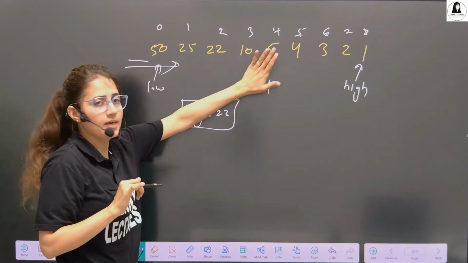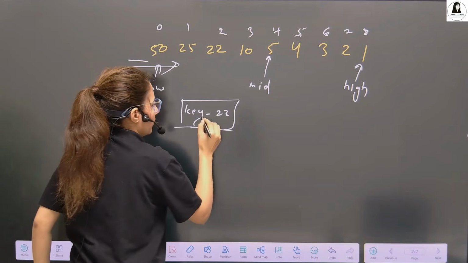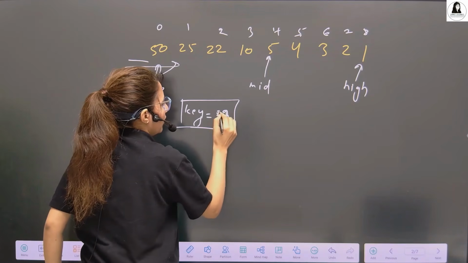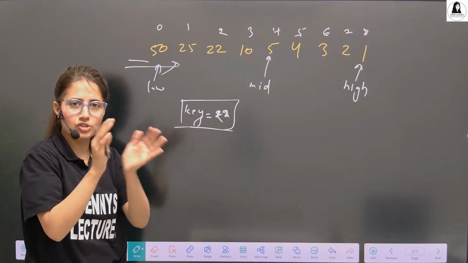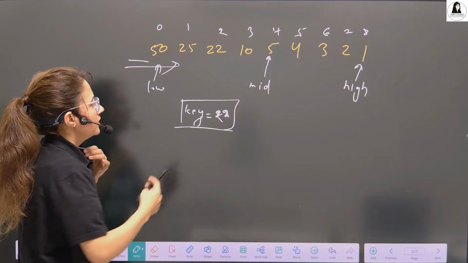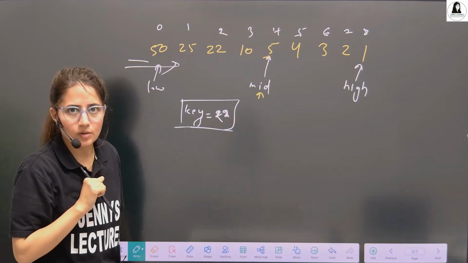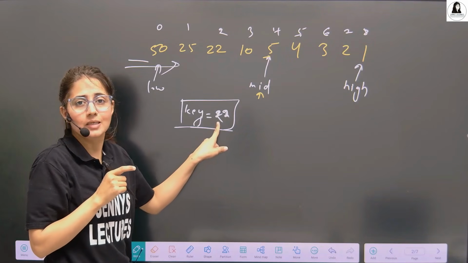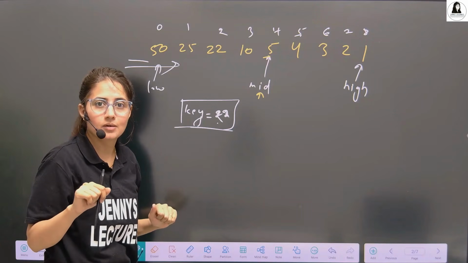This is the array in descending order. I want to find 22. You have to apply binary search, and you have to get the logic. You have to change it a little bit. Now, if it's 22, check with mid. This is 5, this is 22. It's not equal. Now, we know that our key, the target element, is greater than our mid element.